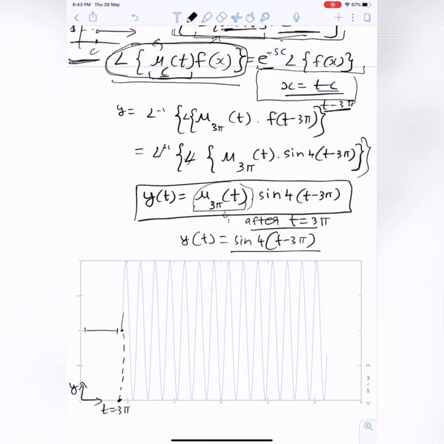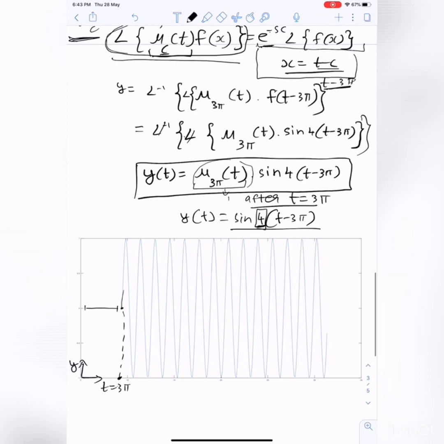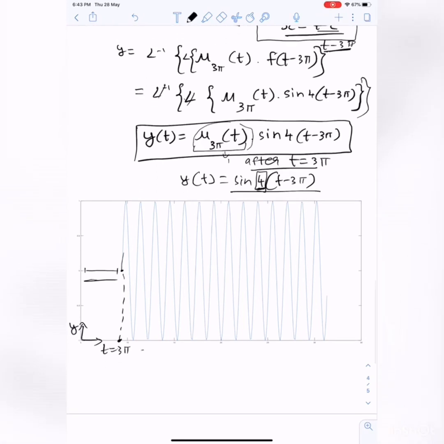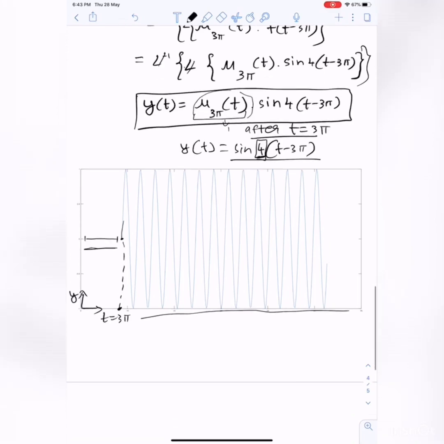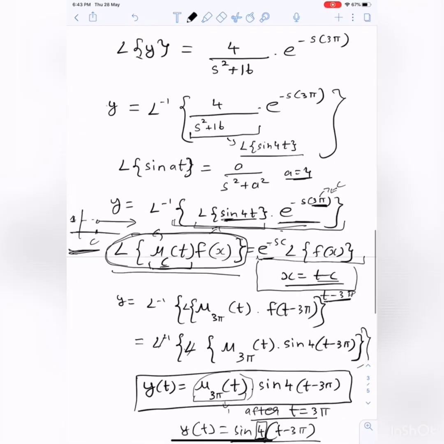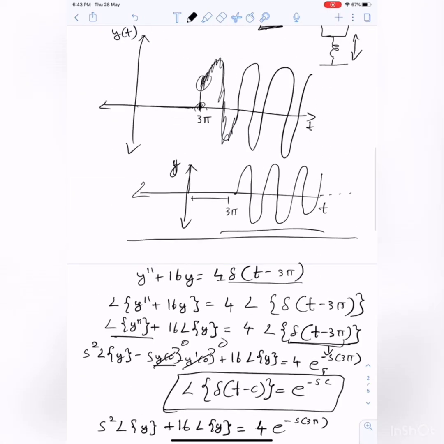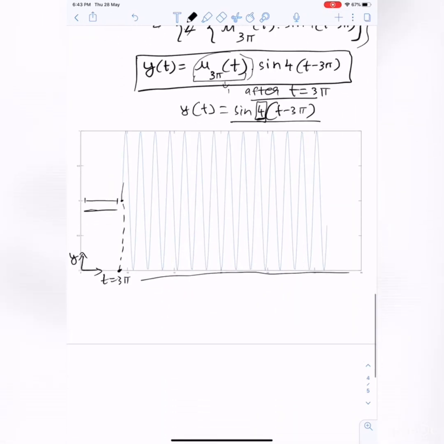As you can see, this has a very high frequency compared to a normal sine. That's because this frequency is 4 times higher than a normal one. If we were to plot this, we would get an equation like this. Okay, so our predicted one and the one we actually got are very much similar.